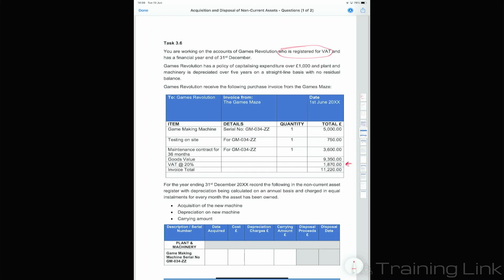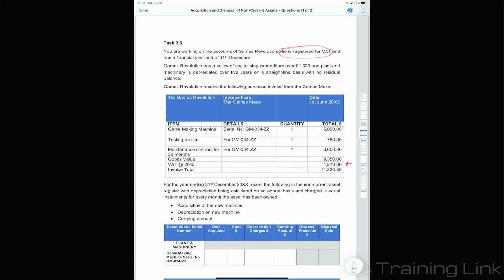The policy is to capitalise expenditure over £1,000, and we know that we're spending £5,000 on the asset, so we can capitalise the additional costs. And the machinery is depreciated over 5 years on a straight line basis with no residual balance.